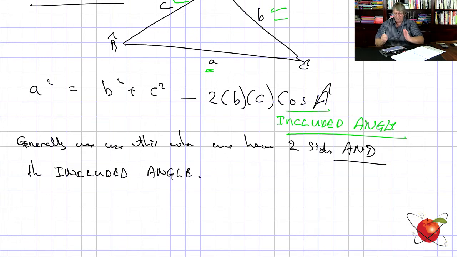Okay, so if you see two sides and this angle, pretty much you're looking at the cosine rule to be used.